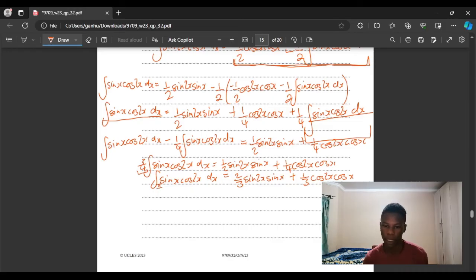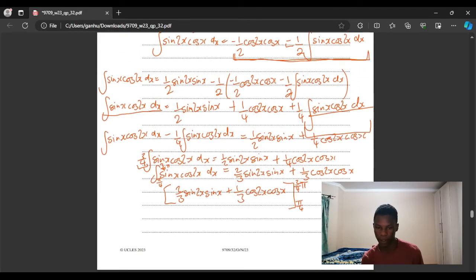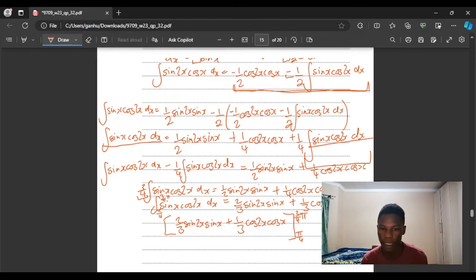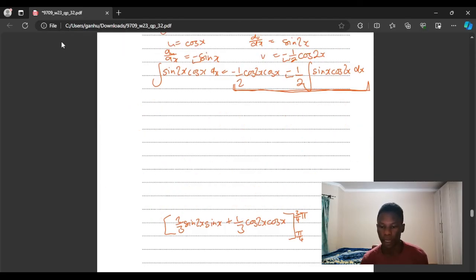And remember that our limits were actually pi over 4 and 3/4 pi. So that means we are now at the stage 2/3 sine 2x sine x plus a third cos 2x cos x, from pi over 4 to 3 over 4 pi. We don't have any space below, so I'm just going to erase above so we can finish off this question.